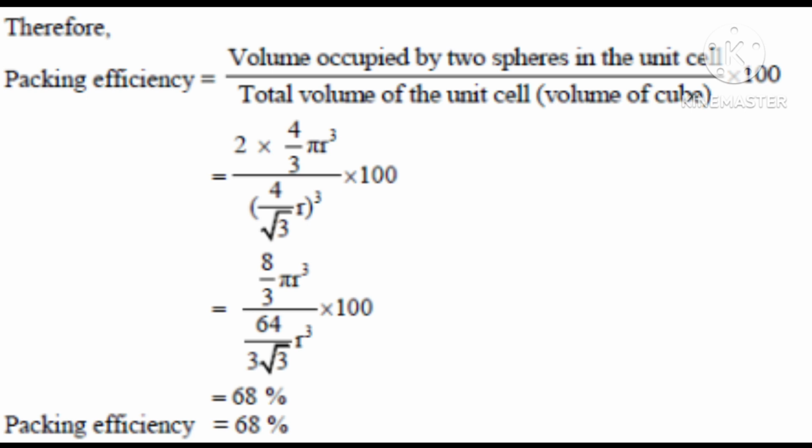You have to think seriously what the base will be. Base will not be the side of the cube. Correct? It will not be the side. Then what will it be? Here again the base, you can consider, will also be a diagonal.